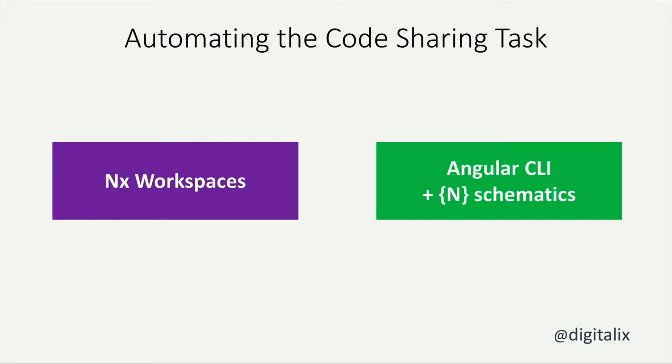So recently things have changed with schematics and ng-add as part of the Angular CLI. So the Angular and NativeScript teams got together to create this thing called NativeScript Schematics. So this is a collection of schematics that enables you to build both Angular web and Angular native mobile apps from a single project, and thus achieving code sharing.